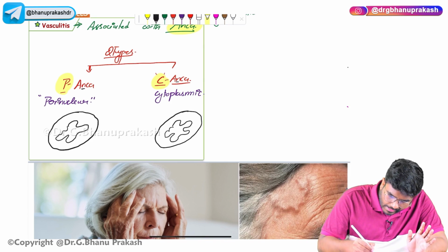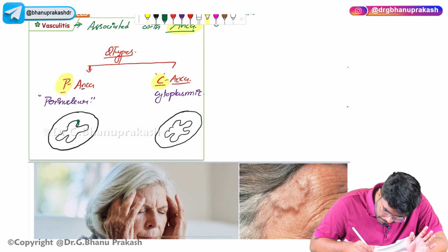Now, if the antibody is coming and sitting in this perinuclear region, then it is called perinuclear anti-neutrophilic cytoplasmic antibody.